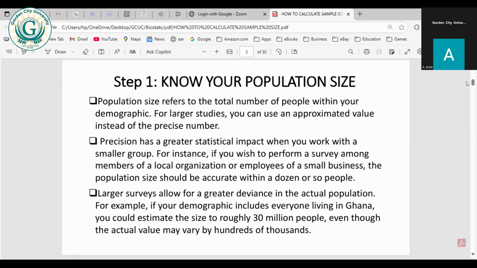You have to determine your population size. It's like preparing a soup. There are some ingredients that you need. The same thing goes for the sample size calculation. There are certain things that you need to be able to calculate your sample size. So the first is the population size.